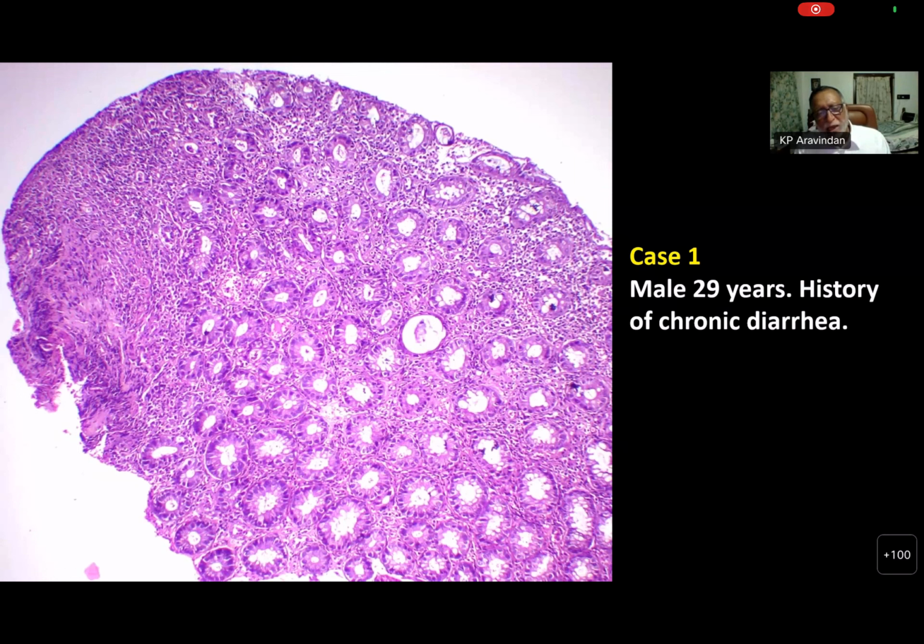I think the crypts are lesser in number than in a normal colonic biopsy, and there is some inflammation in the lamina propria, which is more than usual. Okay. I'm not really very sure about the number of crypts, whether it is less, in this particular slide. But there's no doubt that the lamina propria cellularity is really quite high. So that is the thing that you see in this.